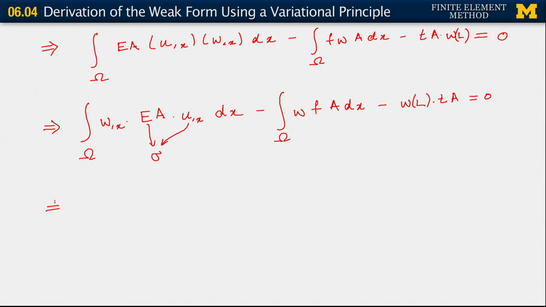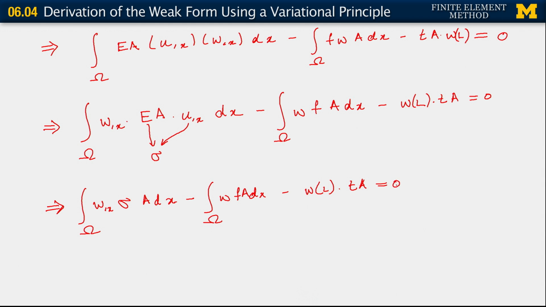So finally we get the integral over omega of w comma x sigma a dx, minus the integral over omega of w f dx, but there is an a here, minus w at L T-bar a, equals 0.